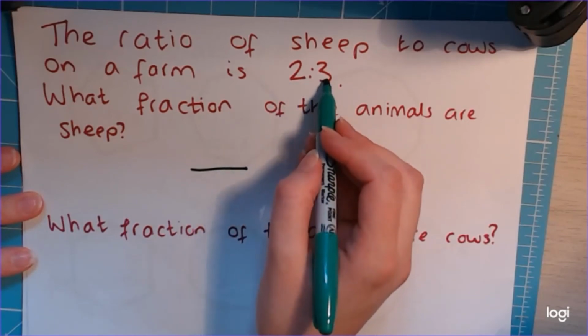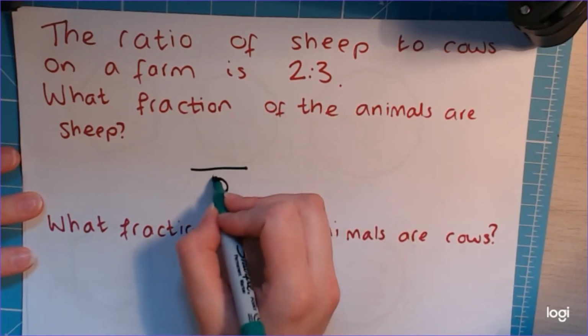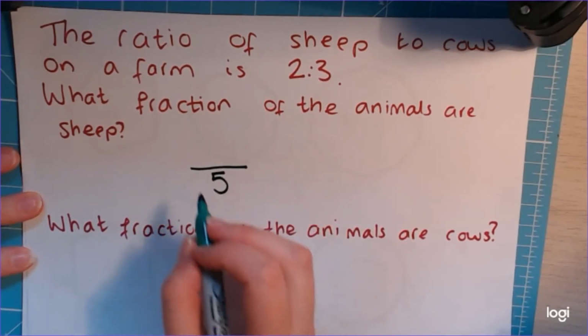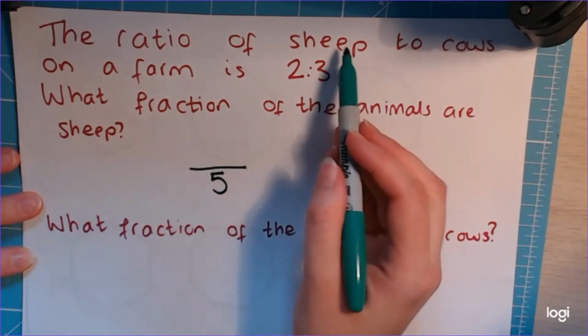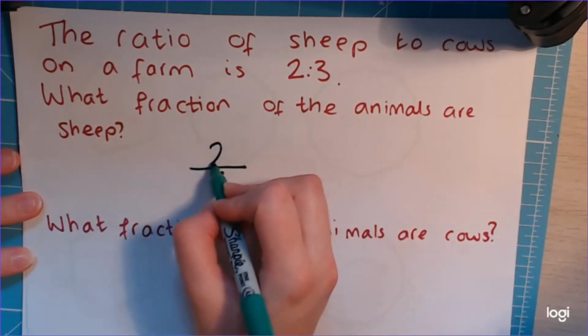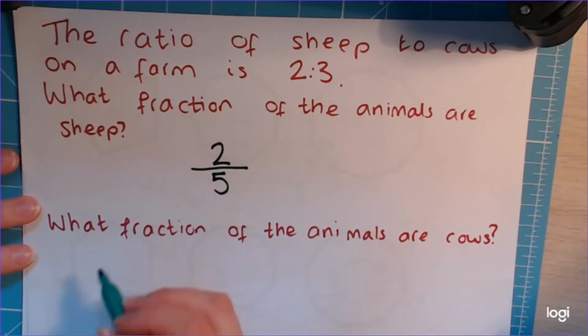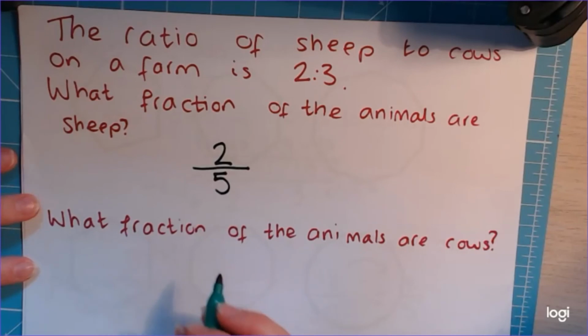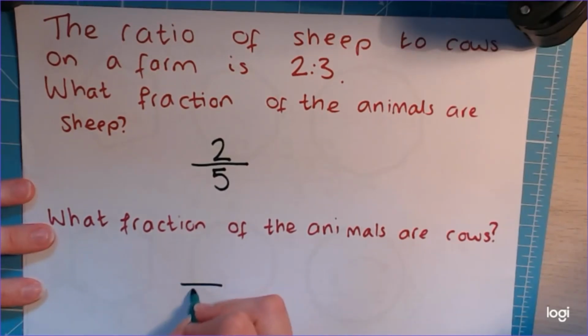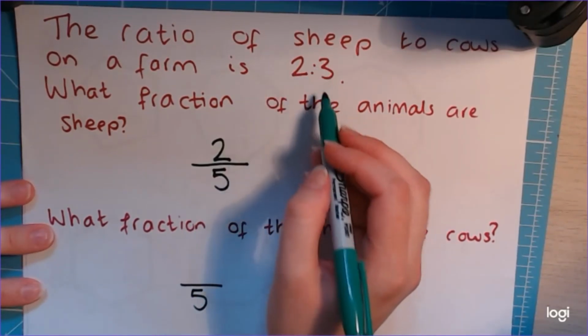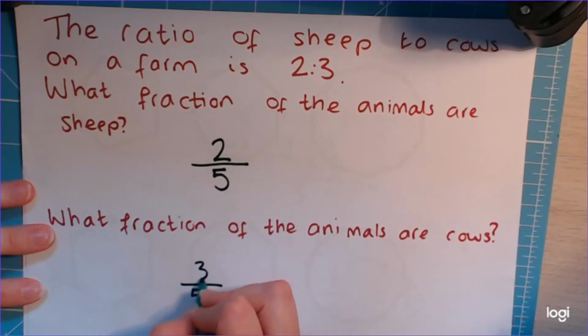So altogether, we've got 2 plus 3, that's 5 parts. So that goes on the bottom. That's our denominator. And on the top, we're looking at sheep. So that's the first one. So we've got 2/5. And then the second part of this question asks what proportion or what fraction of the animals are cows. So we're going to have out of 5 again, because we've still got 5 there. And there are 3 parts, which are cows.